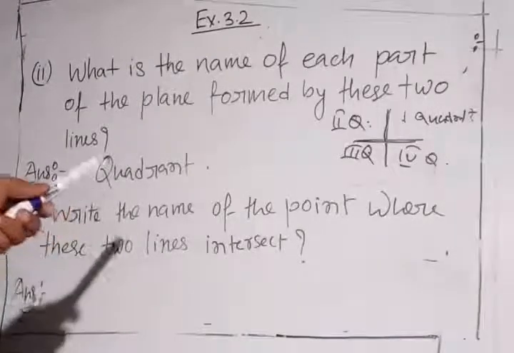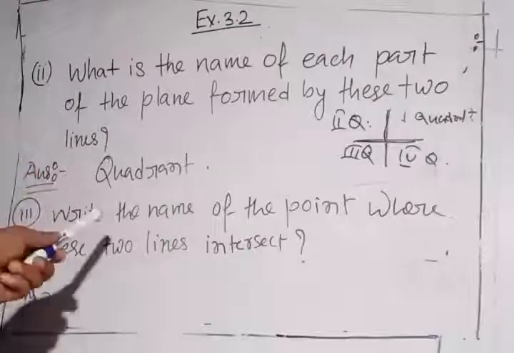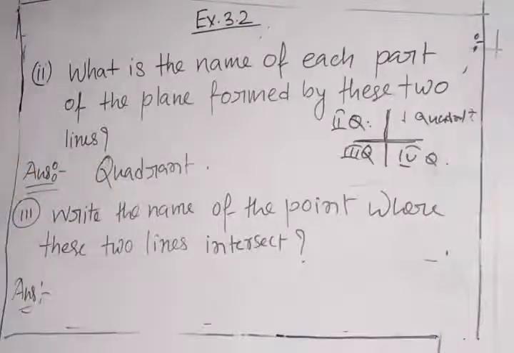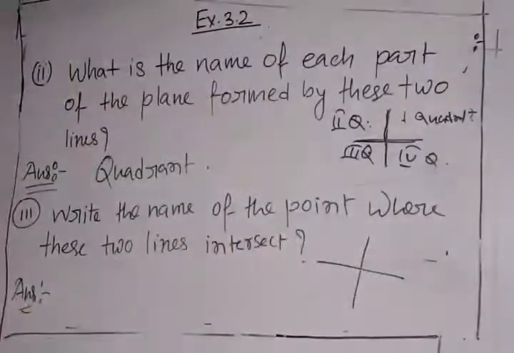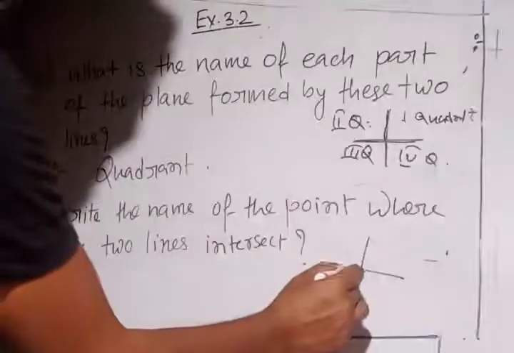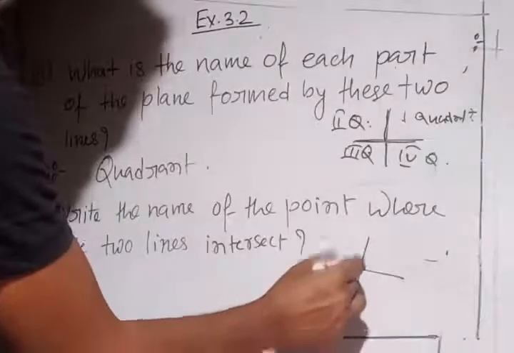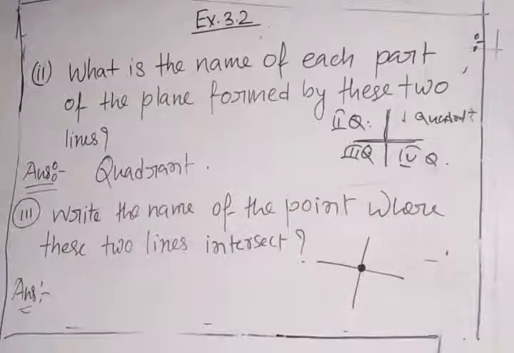Now the next one is number 3. Write the name of the point where these two lines intersect. You can see here these two lines, that means the vertical and horizontal line, where you have to write down the name of the point where they intersect. Their intersecting point is this one. Here they are meeting. What is the name of this point?